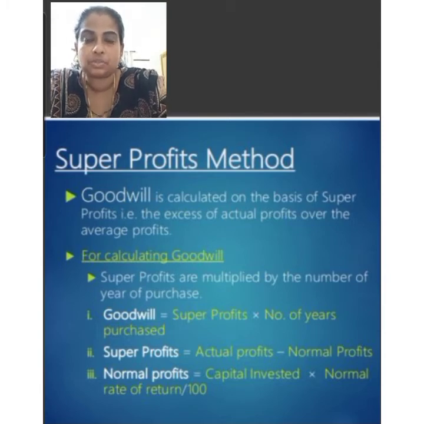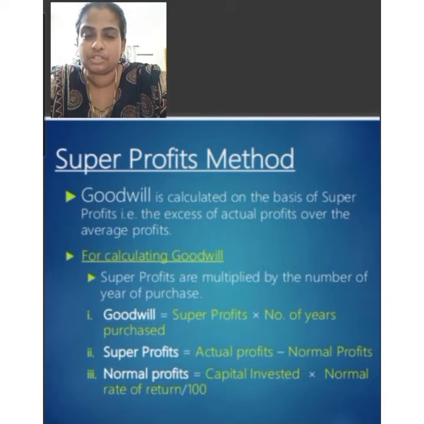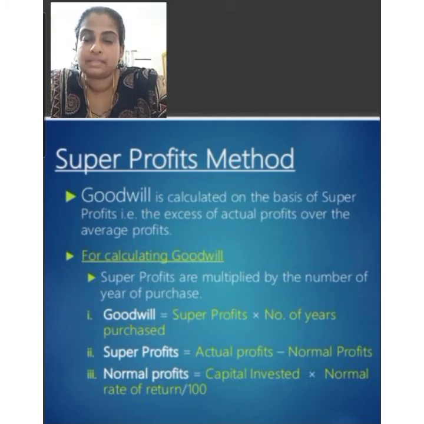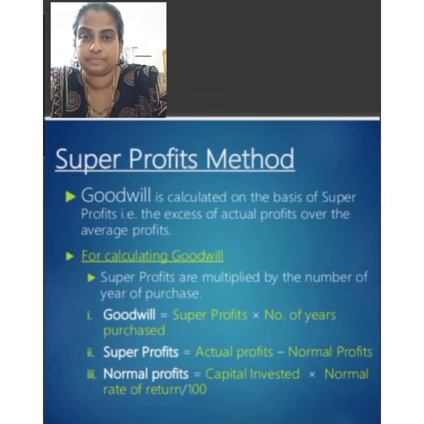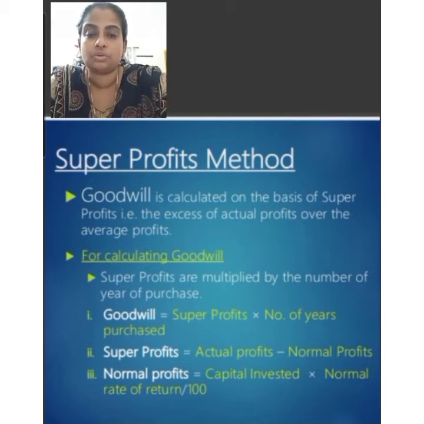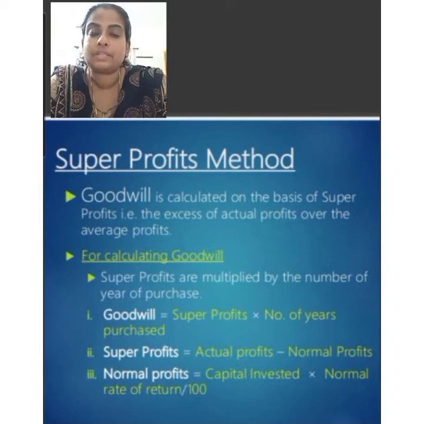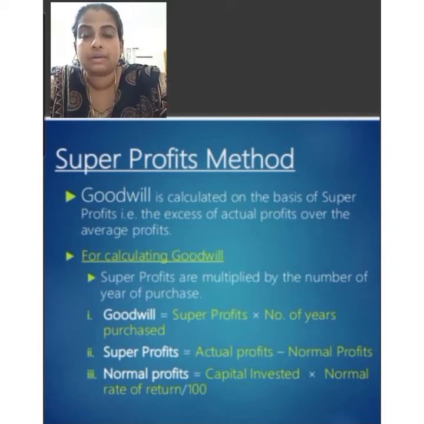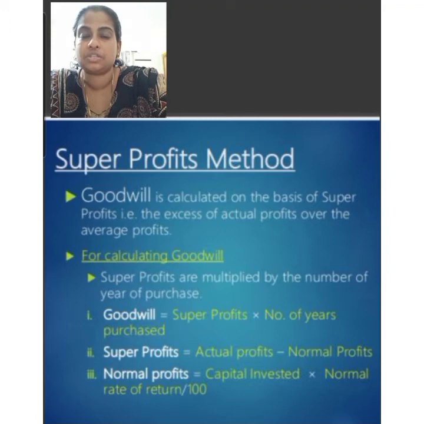The second step is to write the equation for super profits: super profit equals actual profits or average profits minus normal profit. Then the next step is to write the equation for calculating normal profit: normal profit equals capital invested or capital employed into normal rate of return divided by 100.